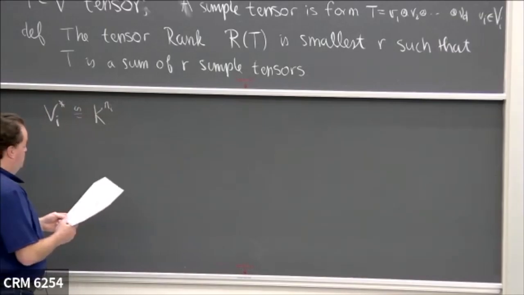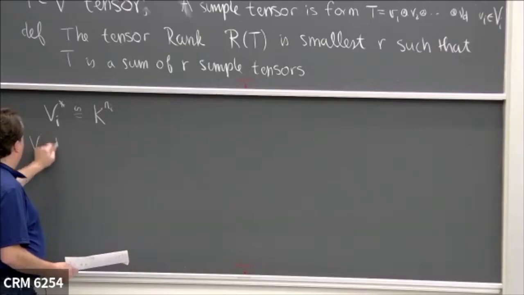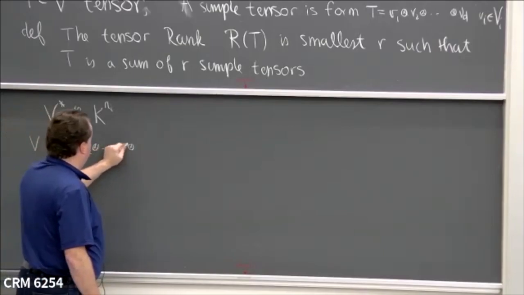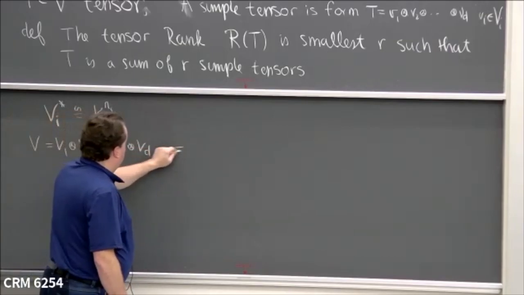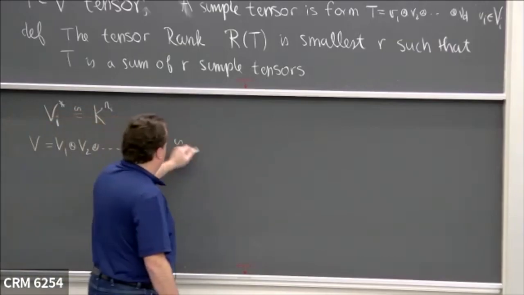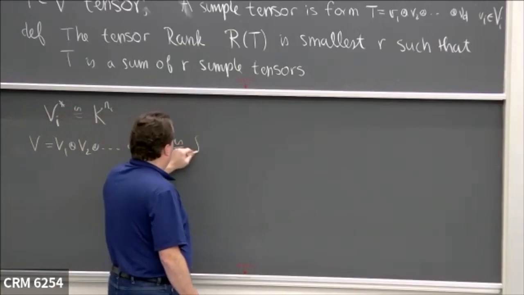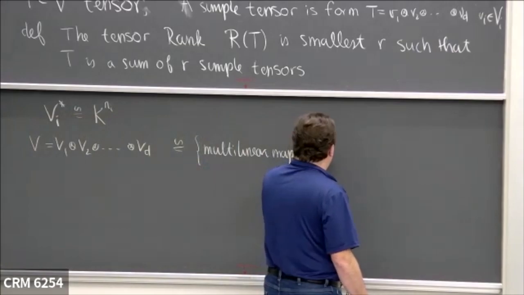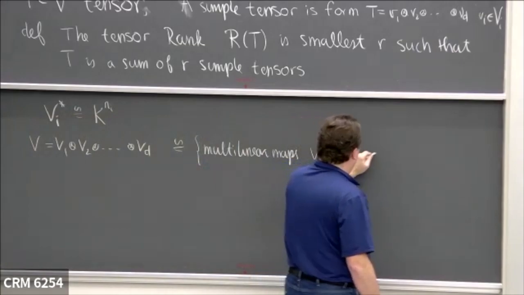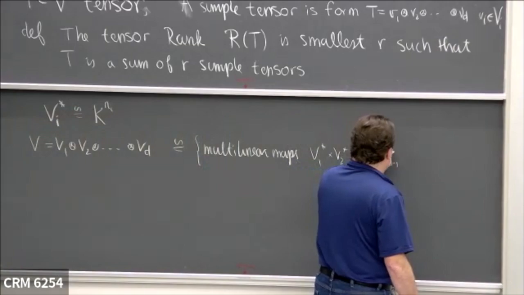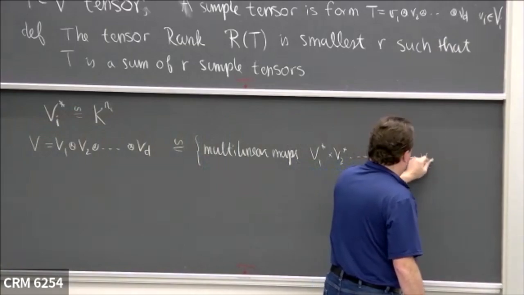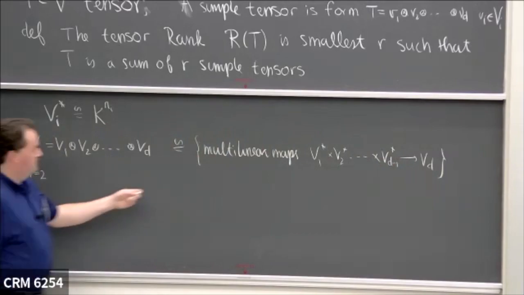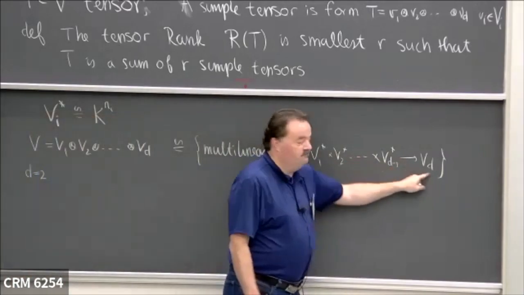There are many ways of thinking about this tensor product space, but you can also think about it as the set of multilinear maps from V_1 dual, V_2 dual, through V_{d-1} dual, to V_d. For example, for d is 2, this would be just linear maps from V_1 dual to V_2.